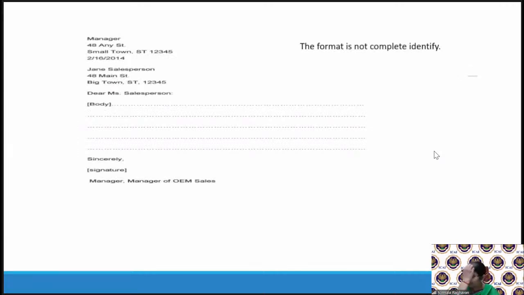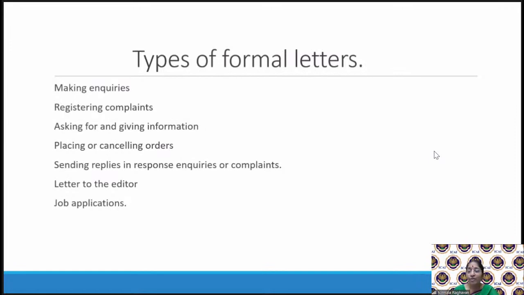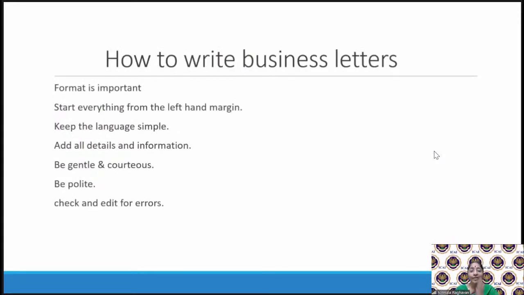So this is the format where you start everything from the beginning of the left-hand margin. Types of formal letters: inquiry letters, complaint letters, ordering letters, asking for and giving information, placing or cancelling orders, sending replies and responses to inquiries or complaints, letter to the editor, job applications, circulars and memos too, because I didn't mention them here.